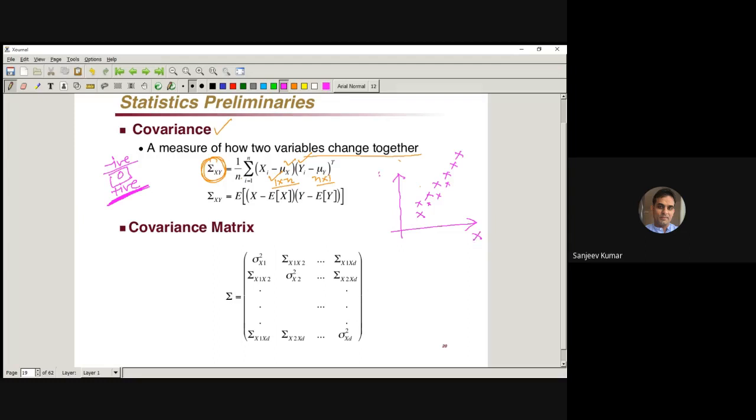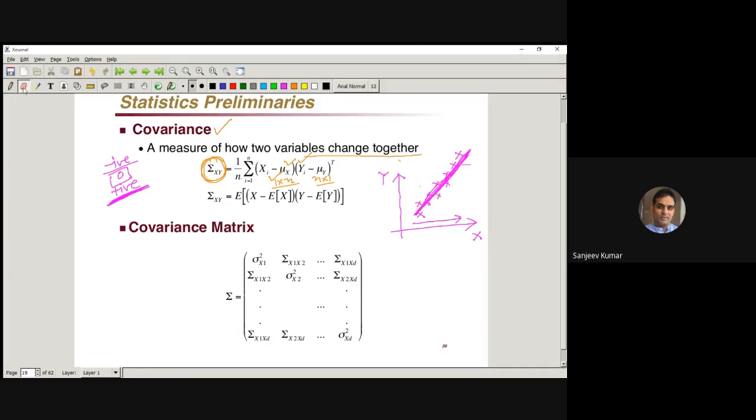This is x, this is y. If x is increasing, what is happening? y is also increasing. You can see from this direction. So hence I must have positive covariance between x and y.